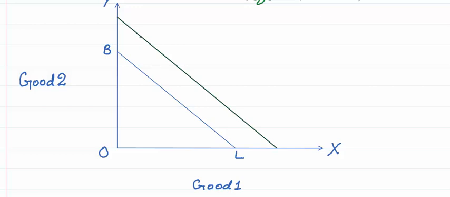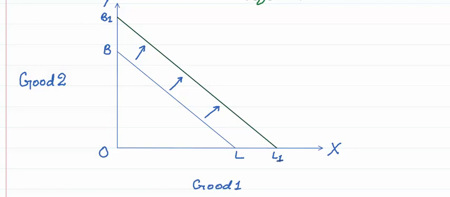If the income of the consumer increases, the budget line shifts towards the right hand side. Let's denote this budget line by B1 L1.